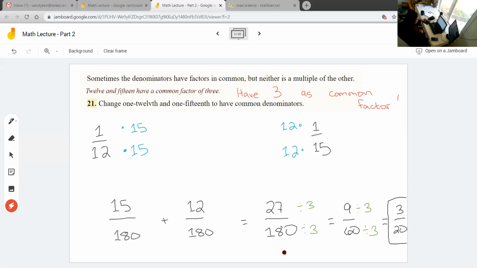So there was a lot of reducing we did at the end. This 180 was a big number. So now we get back to Chrissy's question that she didn't ask, since we can't cancel because we're adding, is there something else we can do to avoid this big number? Because it's probably true that if we have a big number in the denominator, we're going to have to do a lot of reducing at the end. And we don't want big numbers and we don't want reducing if we can avoid it.